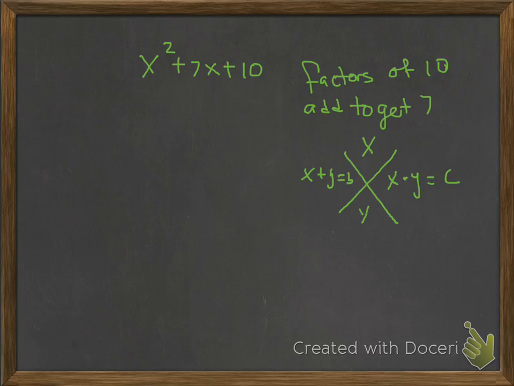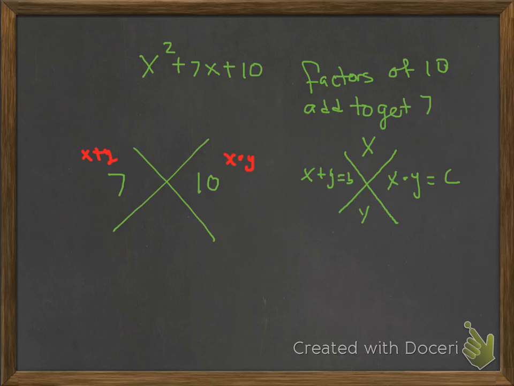Again, here I have x squared plus 7x plus 10, and I want factors of 10 that add together to get 7. So on this side, multiply to get 10, add to get 7. Multiply, so an x times y, this would be an x plus y.